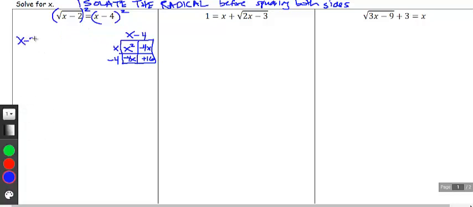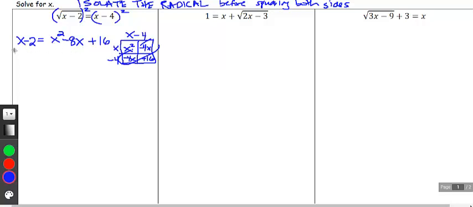We had x minus 2 on the left, and over here on the right, we get x squared minus 8x, because these can go together, plus 16. And this is why it's a more difficult problem, because now we have an x squared in our equation, which means we have a quadratic that we need to solve.